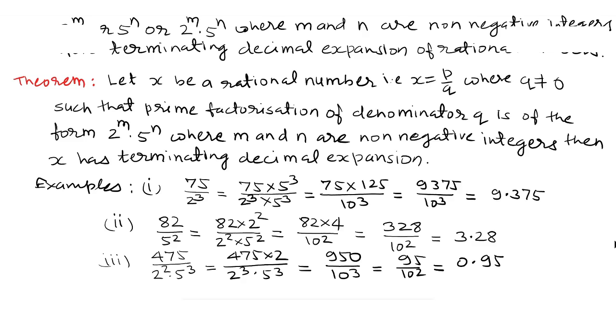Thus, when the denominator is of the form 2 to the power m into 5 to the power n, we get the terminating decimal expansion of a rational number.